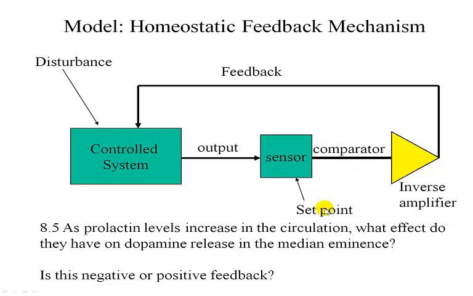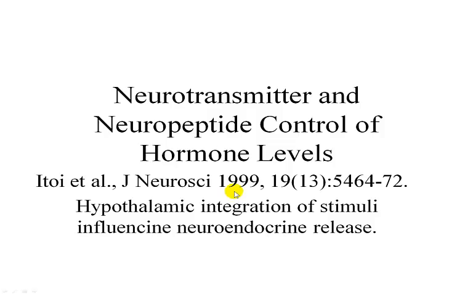That's homeostasis, right? So, illustrate this and think about prolactin going up, and what do you need to do to dopamine to bring it back down if dopamine is an inhibitor here. And so does this really fit as a negative or a positive feedback, and how would you justify your argument?